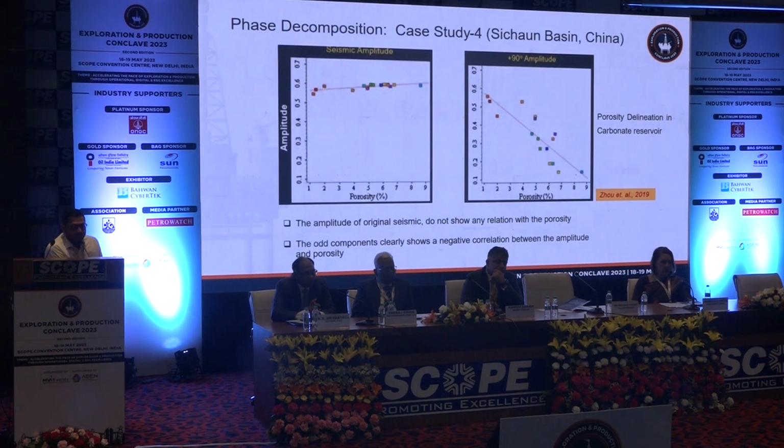In case of carbonate, we have studies in the US Permian Basin, and then we have case studies from the Sichuan Basin, China, where this method has been implemented, but not directly for hydrocarbon, but rather for the identification of those areas where we can have good porosity because of the alteration of carbonate.